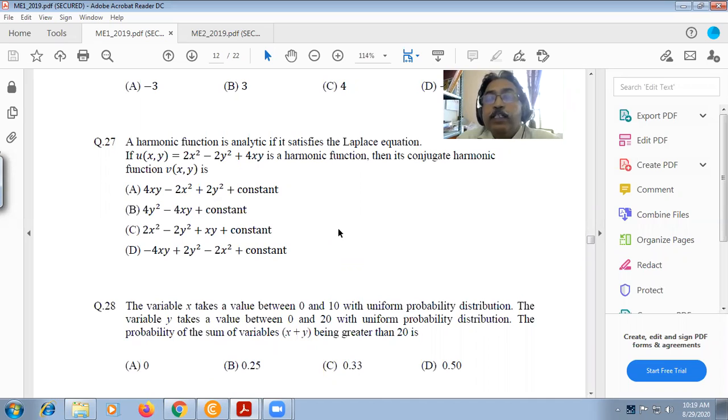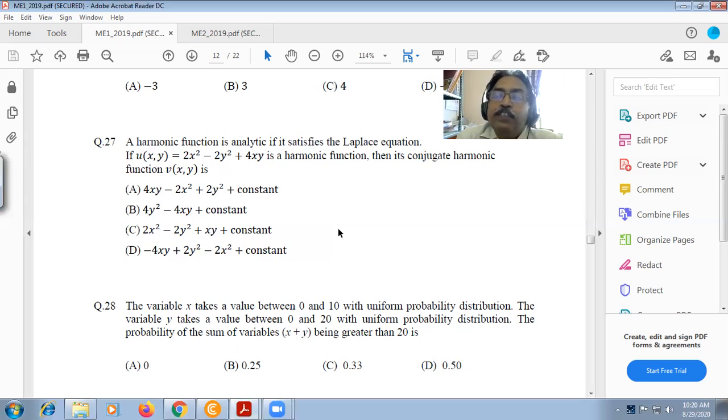Whenever a system is an analytic function, it always satisfies a Laplace equation, if it supports the Cauchy-Riemann equation. When a Cauchy-Riemann equation is satisfied by a function u of x comma y, then it very well satisfies the Laplace equation.